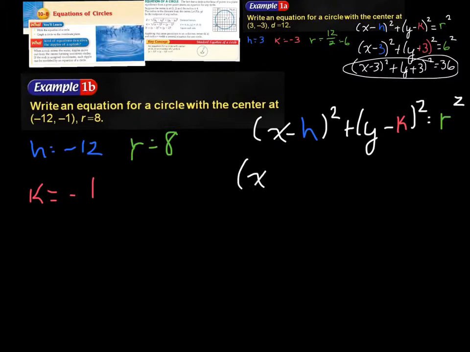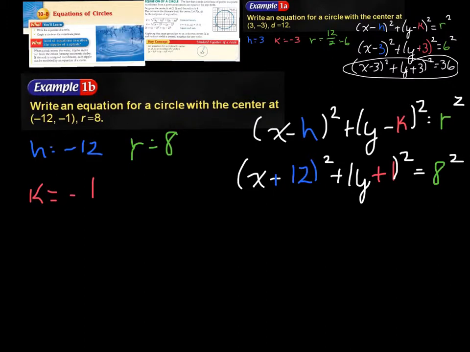So our equation is going to be (x minus negative 12), so minus negative changes that to a plus, squared plus (y, oh dear, there's our difficulty, minus negative 1) squared equals, and our r was 8, squared.